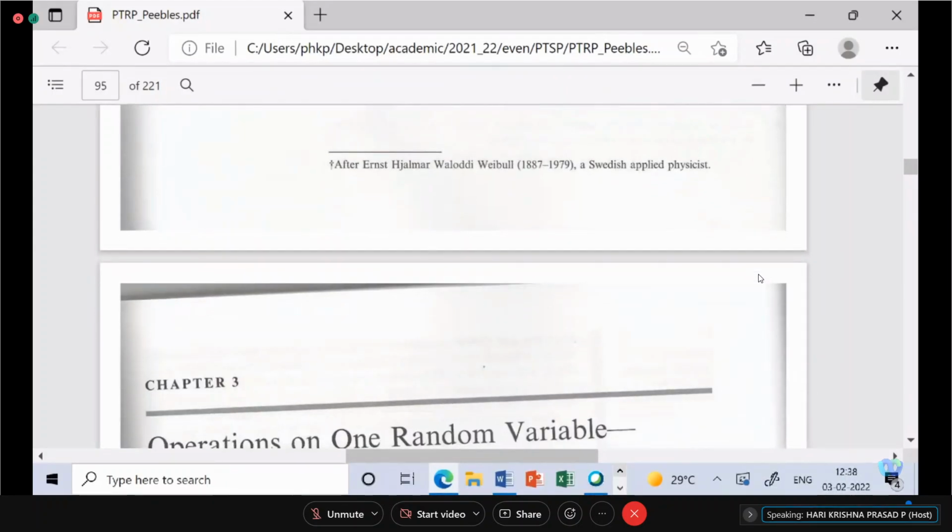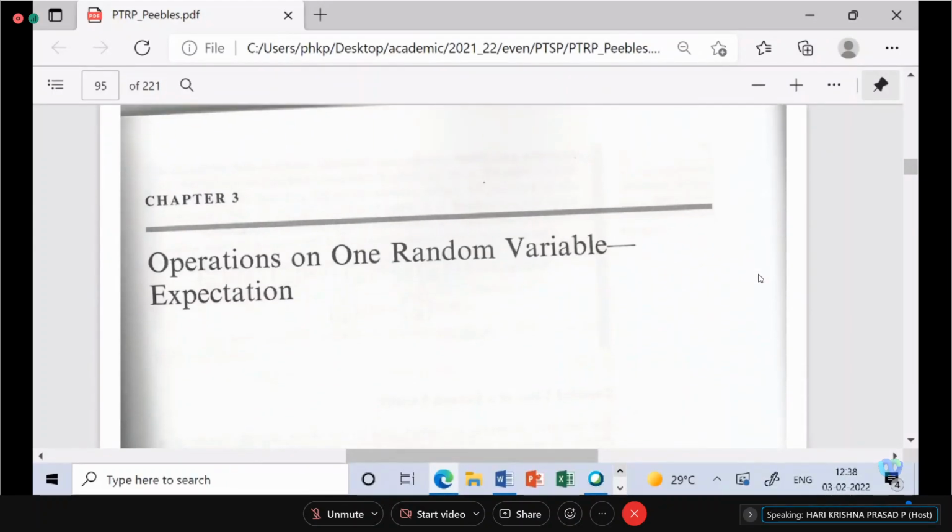Up to this topic, conditioning event, your minor will be there, and the next chapter to be discussed is operations on one random variable. Let us have the minor sometime next week. It doesn't matter if you place it on Friday or Thursday next week, no problem.